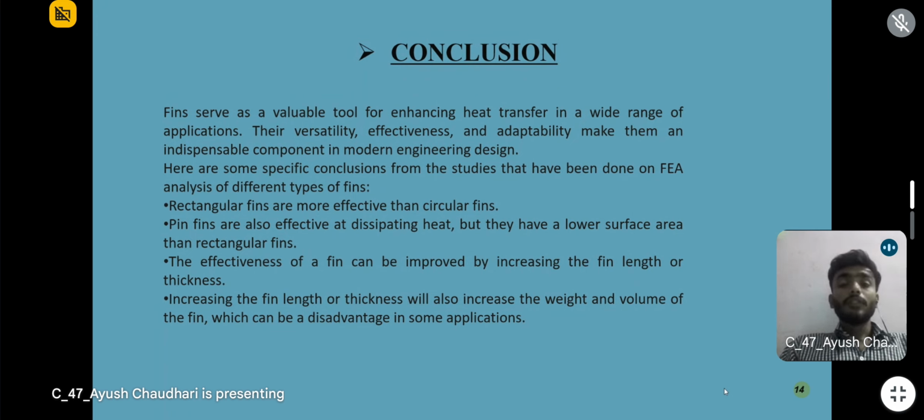The third one is that the effectiveness of a fin can be improved by increasing the fin length or thickness. So it has an advantage and a disadvantage also. The disadvantage was that increasing the fin length or thickness will also increase the weight and the volume of the fin, which is a disadvantage in some other applications also.